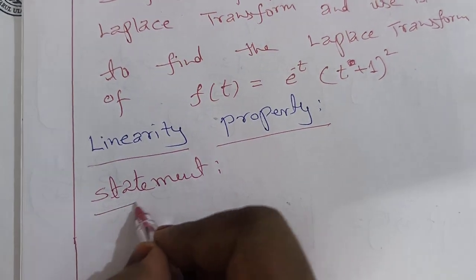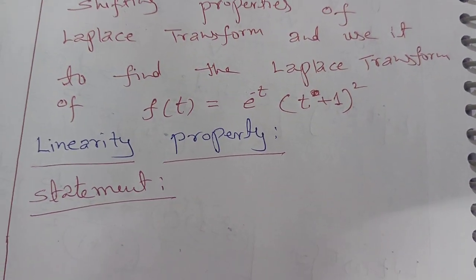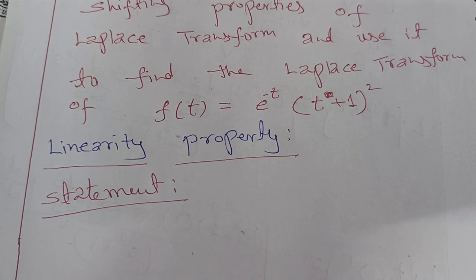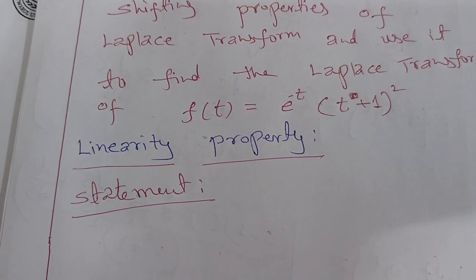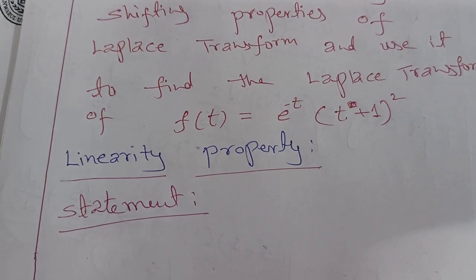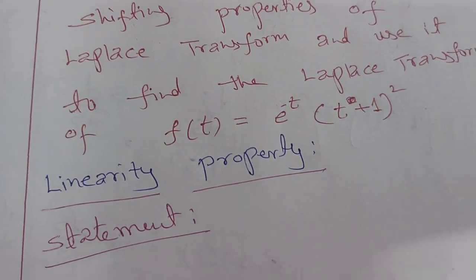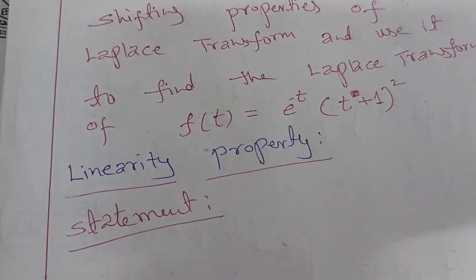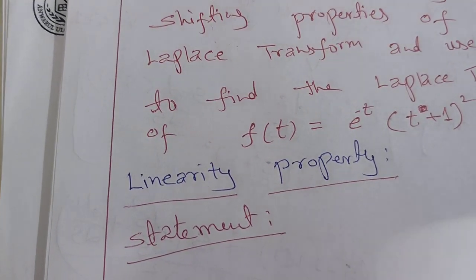In this, we will take two functions f of t and g of t. By the definition of Laplace transform, we have integral 0 to infinity e to the power of minus st into f of t, which is equal to F of s. Similarly, here we will take two functions f of t and g of t, and we will take two variables a and b.